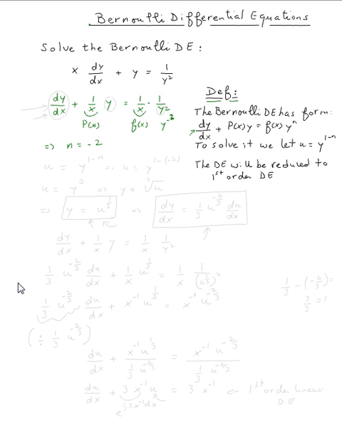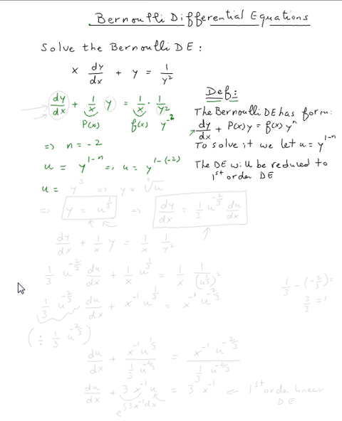Now to solve it, we have to let u equal y to the 1 minus n. This will reduce it to a first order differential equation. So let's do that. We let u equal y to the 1 minus n, and our n is negative 2.